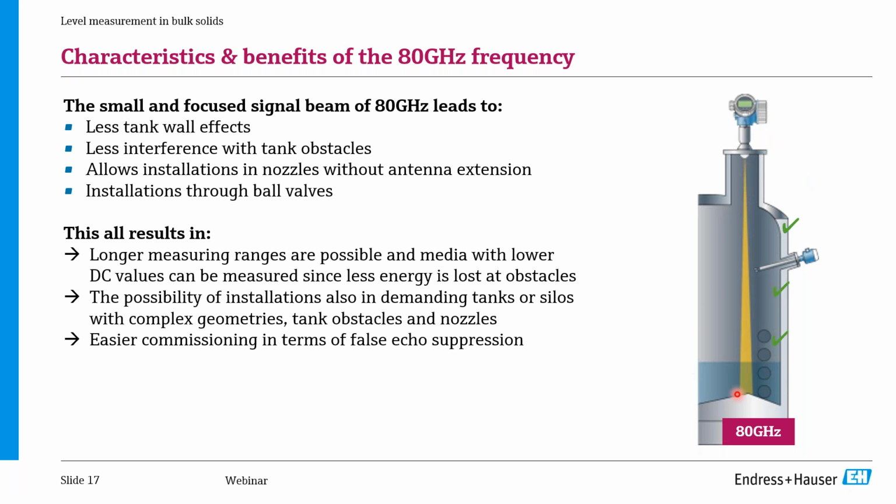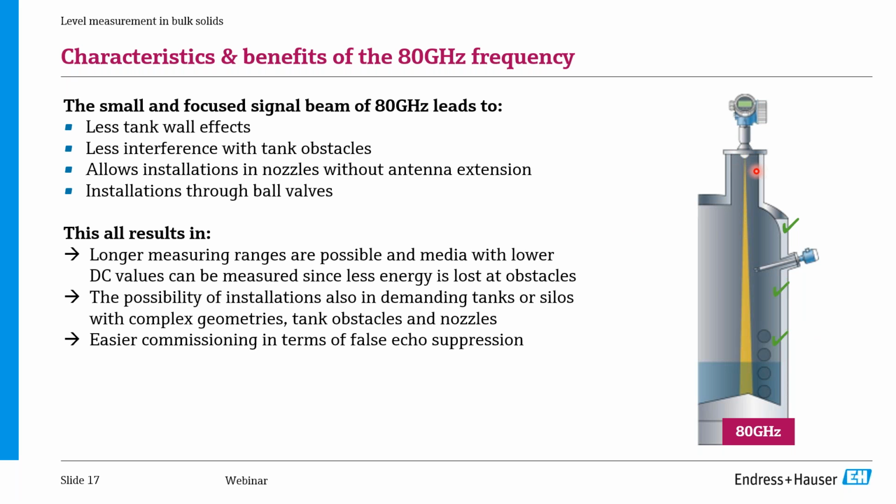So since we have a very focused beam sent straight to your process, there's way less interference from tank obstacles such as point switches, the geometry of the tank. If you have a very different geometry, you can easily adjust the radar or change the position to make sure you have the right targeting area to really do the proper measurement.